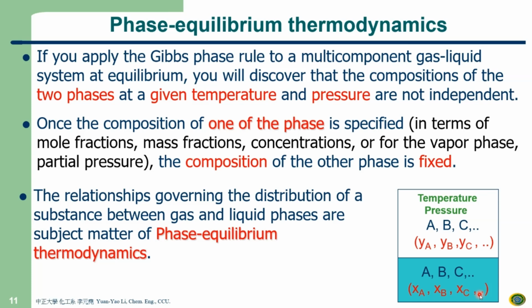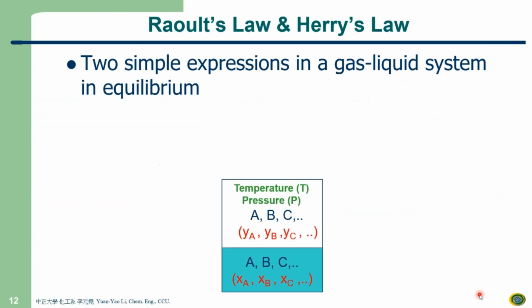And in the previous section, like on Monday, we talked about Raoult's law, right? That's related to the gas and liquid system. So this is important. Now we want to introduce another law called Henry's law.